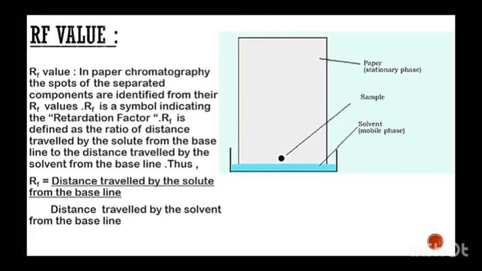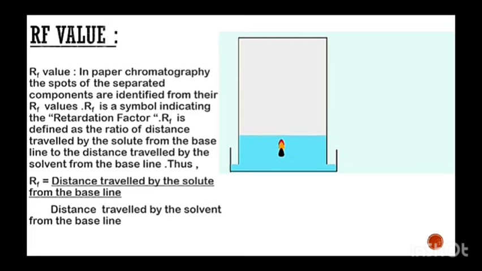Let's look into the picture. This is the solvent, the mobile phase. This is how it travels upwards, and the various components are separated.